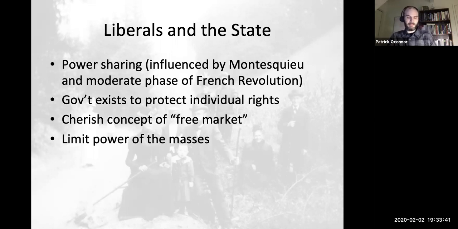So liberals in the 19th century concluded that elected representative governments were best. The power should be distributed among equal branches, right? This is the idea of Montesquieu that we read. This is a key idea of the American Constitution movement throughout the American Revolution and up to the late 1780s.